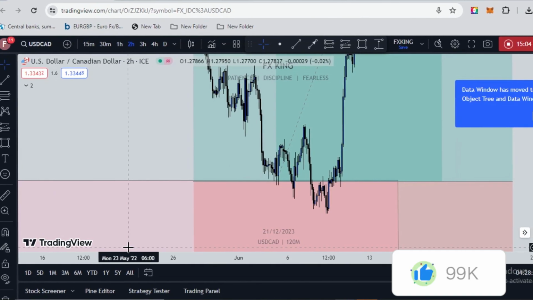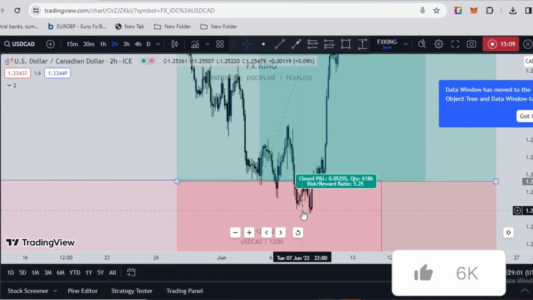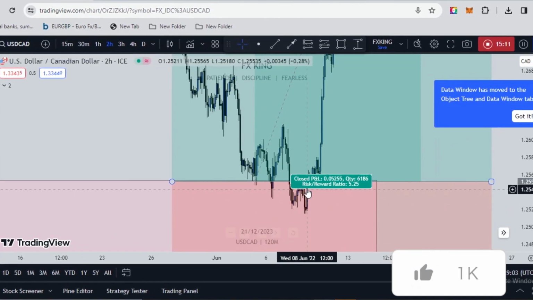So what you can see here is price was moving down here. So after price tapped into our point of interest, we had this.